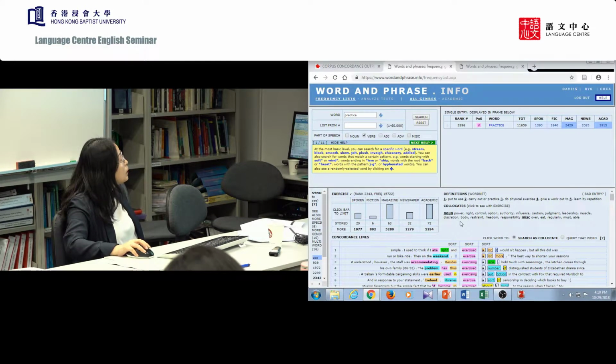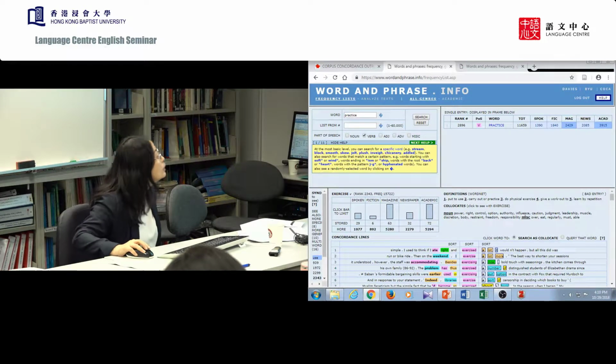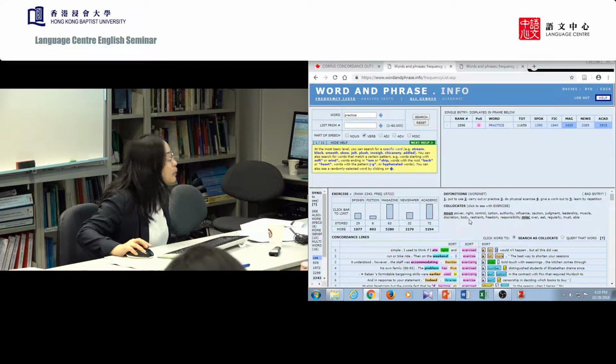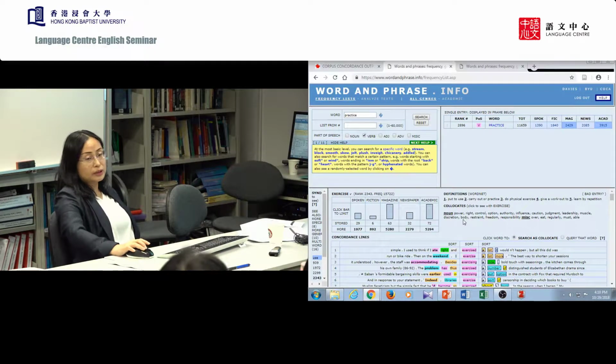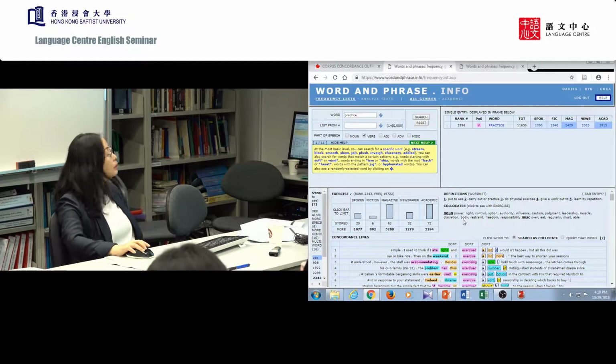And then you see the common collocations for exercise: power, control, authority, and muscle and body. So exercise can be followed by both abstract and concrete nouns.